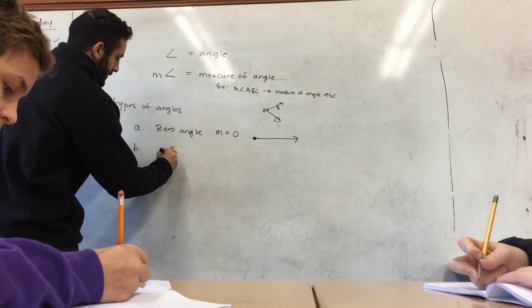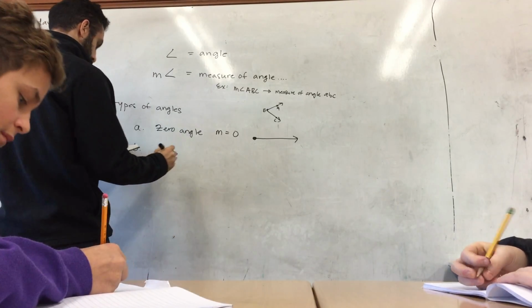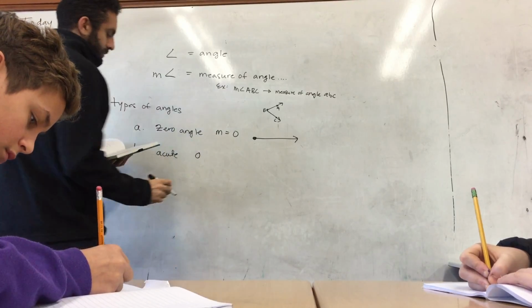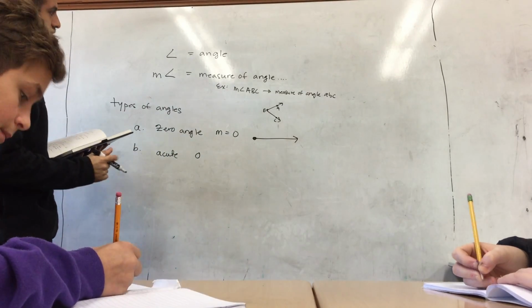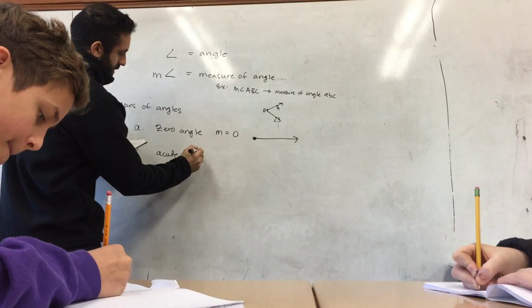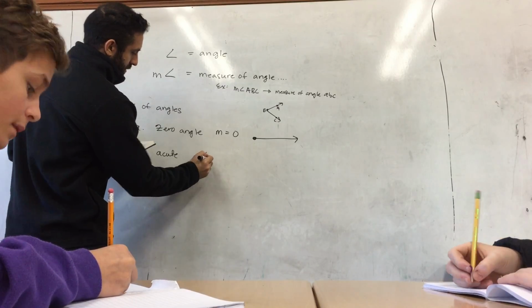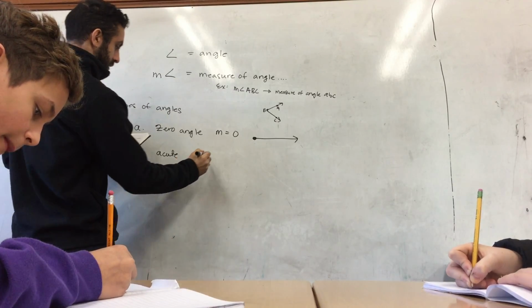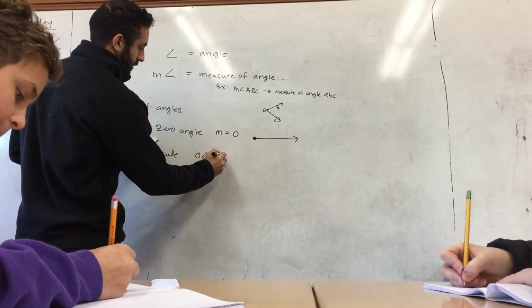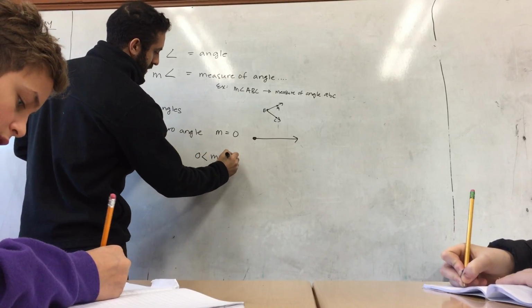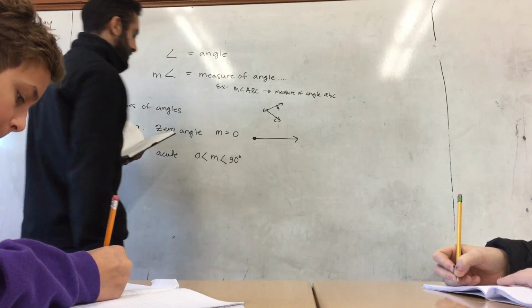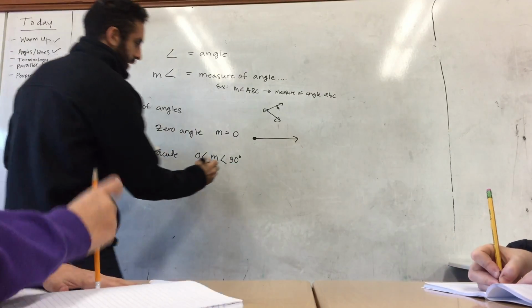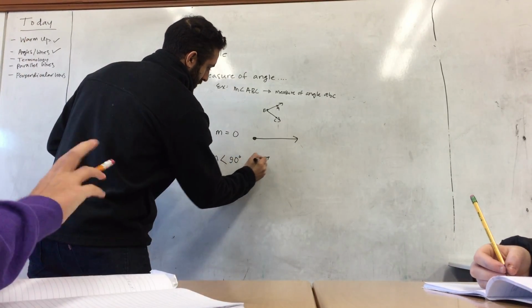An acute angle. Now don't get these symbols confused. This is a less than symbol. The measure of the angle is less than 90 degrees, and it would look something like this.